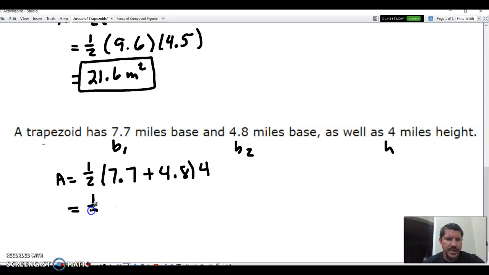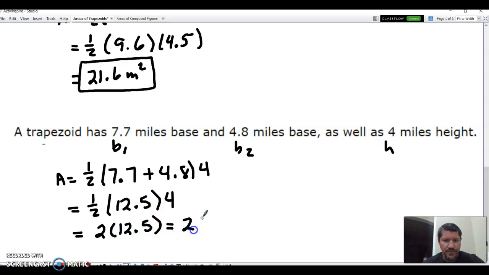So that'd be half 12.5 times 4. This one I'm not going to use a calculator because half of 4 is 2, so really this is 2 times 12.5, or 25 miles squared.